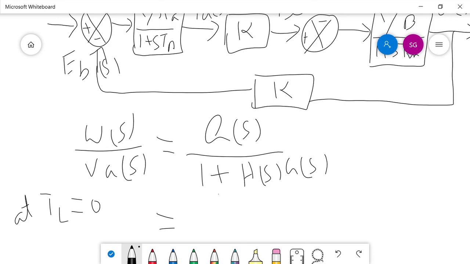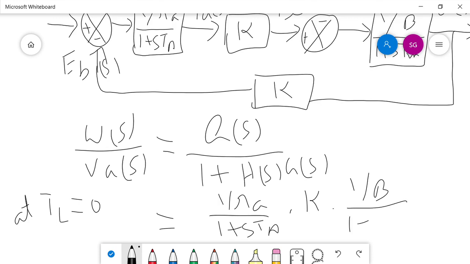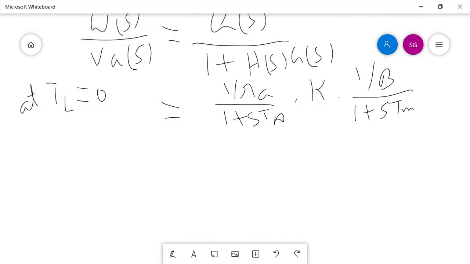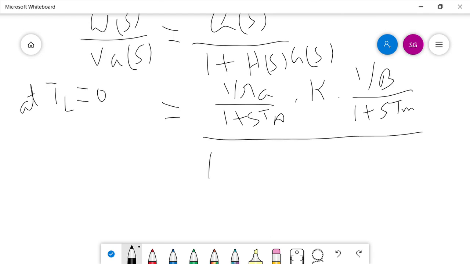GS is 1 upon RA upon 1 plus STA into K into 1 by B divided by 1 plus STM, and this will be divided by 1 plus H, which is K here, into K into GS.